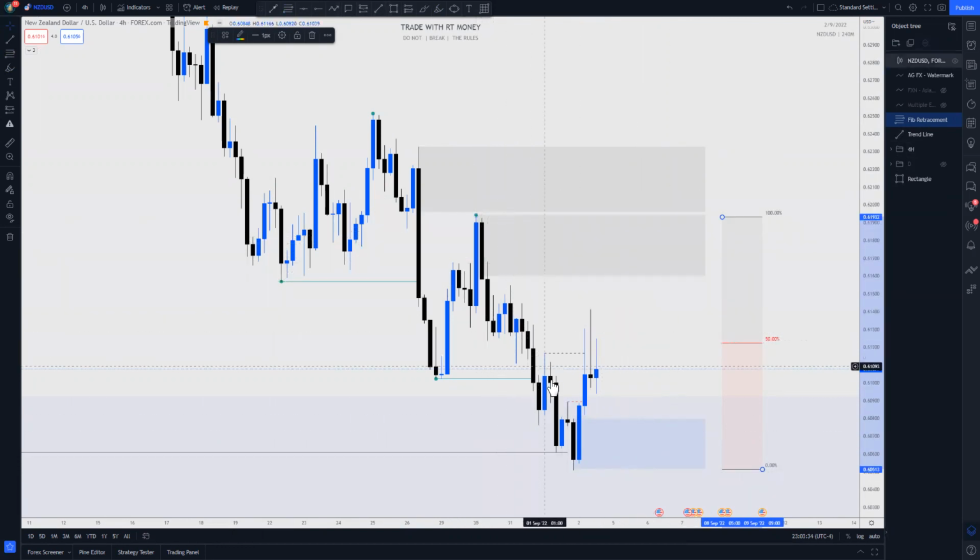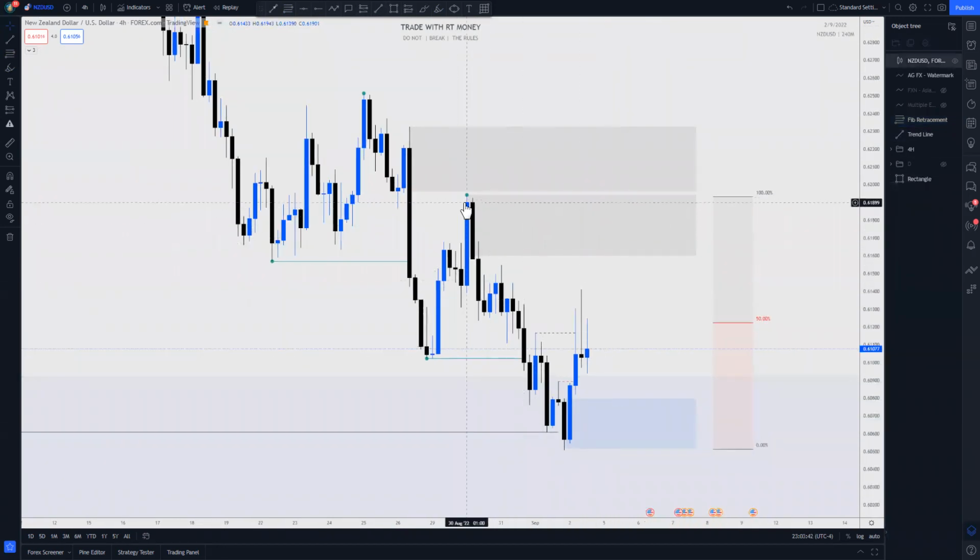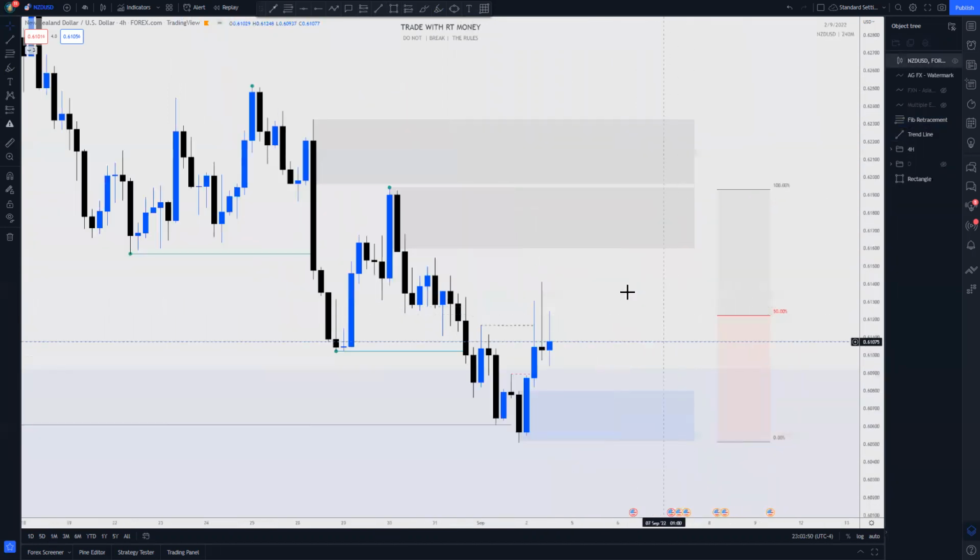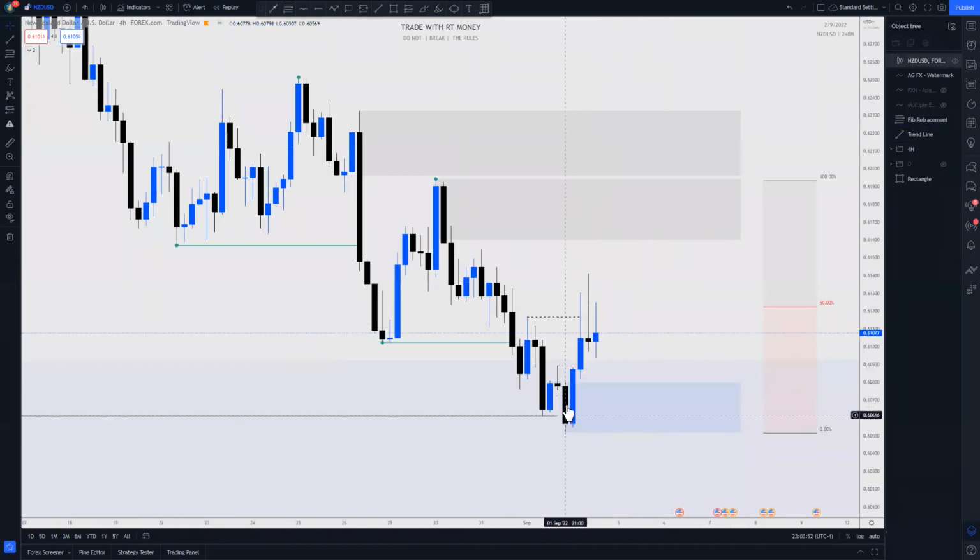All right. So as price pushed up into here, is the pullback over? I don't know. What we do see is evidence that this bearish leg of structure has decided to change direction because it changed character here.